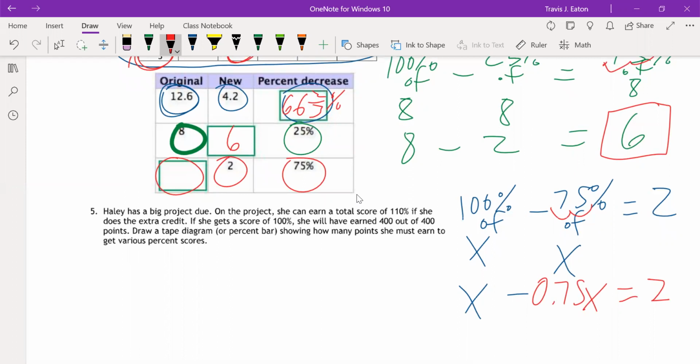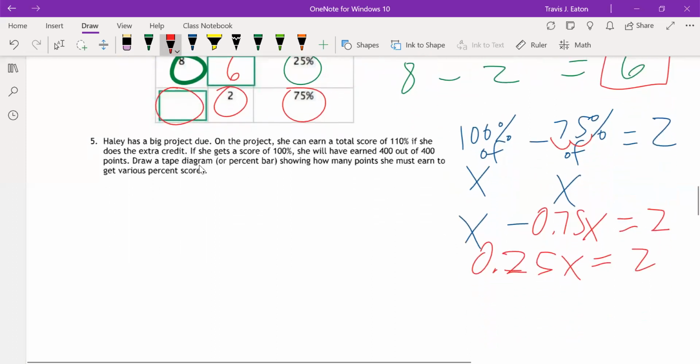Now, what is x minus 0.75x? Well, that would be 0.25x equaling 2. Because that would be 1 minus 0.75, and that would be 0.25.